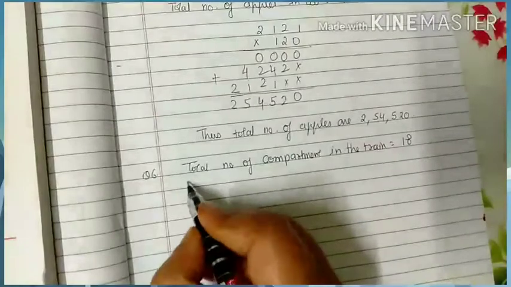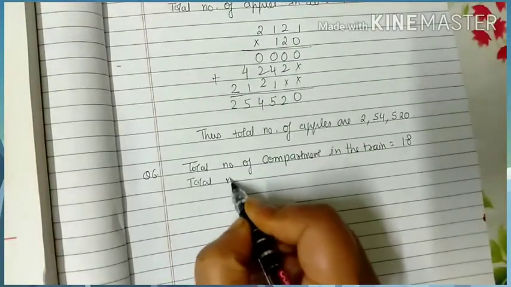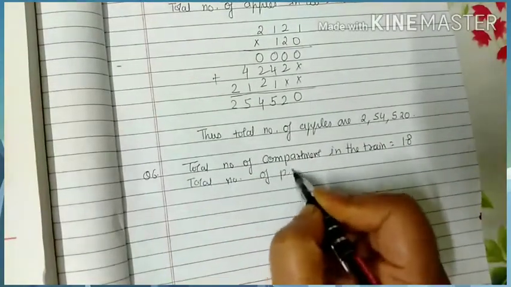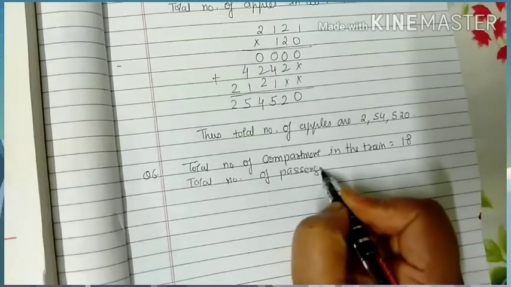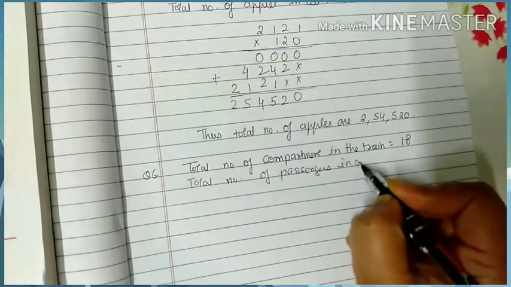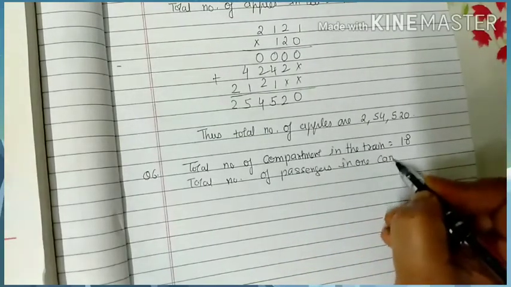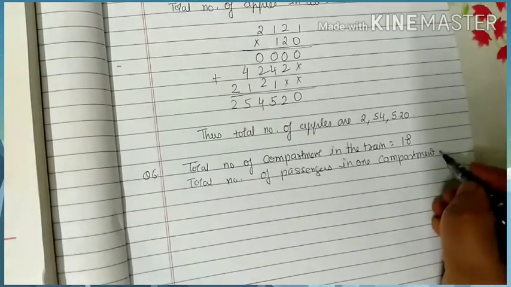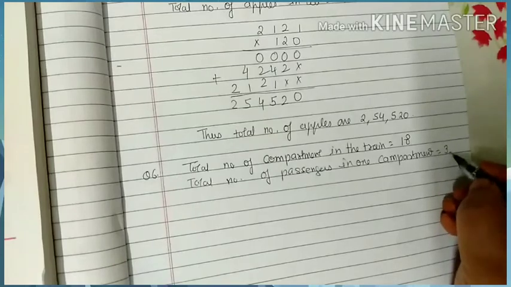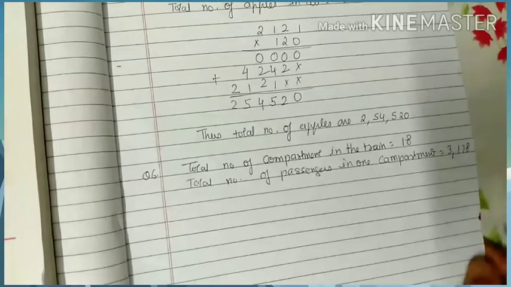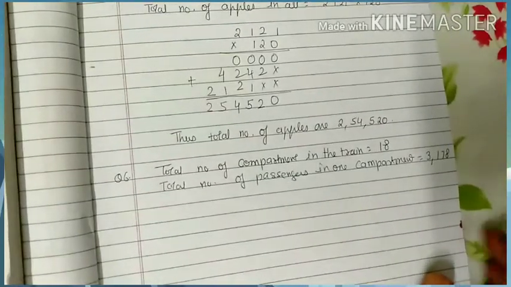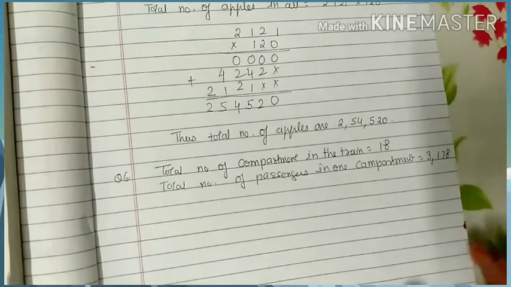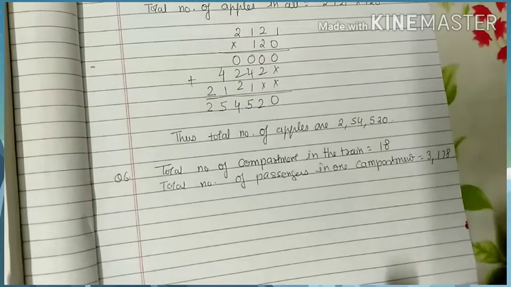So total number of passengers in one compartment is, how many total number of passengers are there in a compartment? 3,178. Okay. So what we have to do? We have to just multiply so that we can know in a peak hour how many passengers travel in the train.